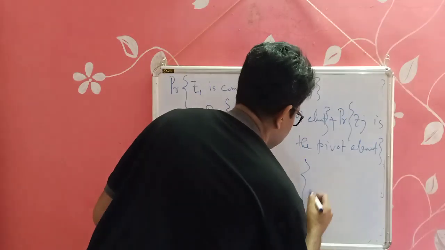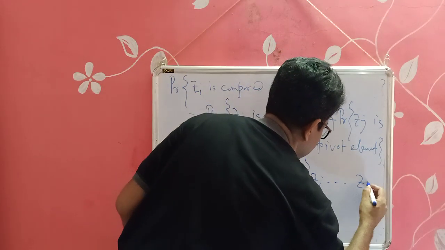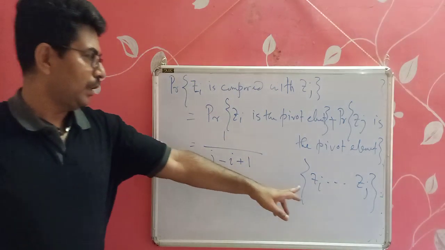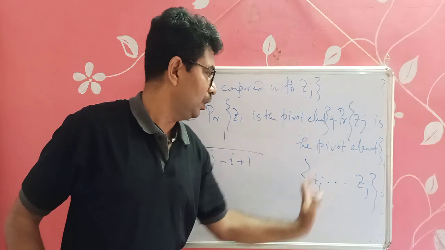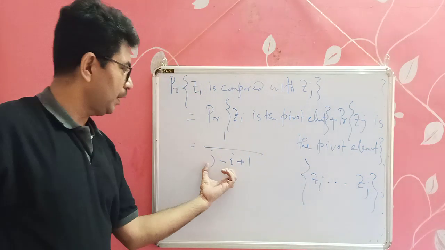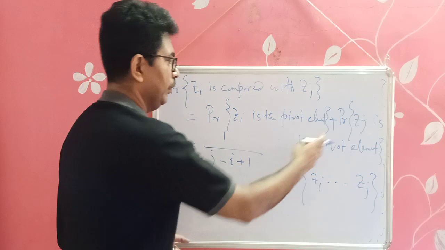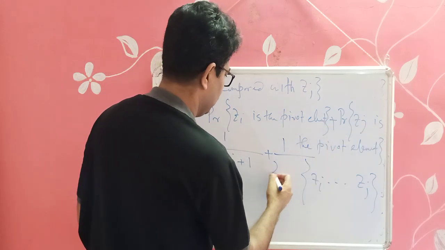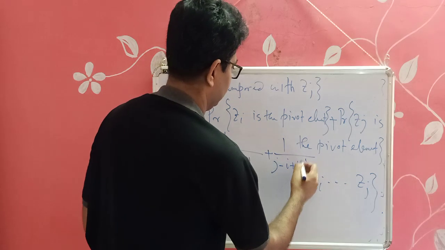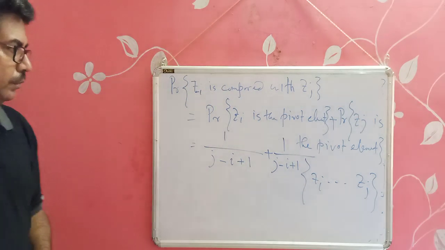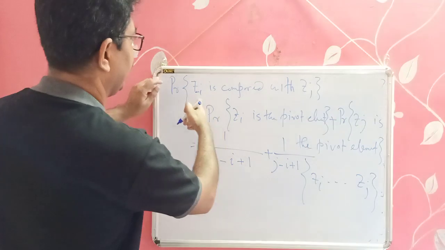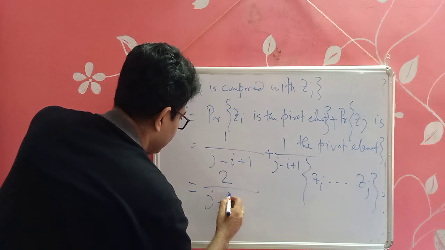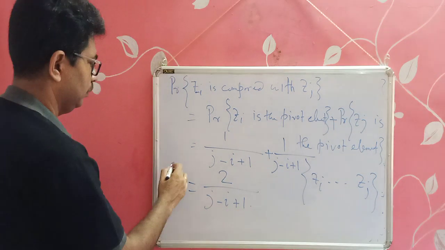Within this range, to select Zi as the pivot element among all these is 1 by j minus i plus 1. Similarly, the probability of choosing Zj as the pivot element is 1 by j minus i plus 1. So you can say that the probability that Zi is compared with Zj is equal to 2 by j minus i plus 1. Okay?